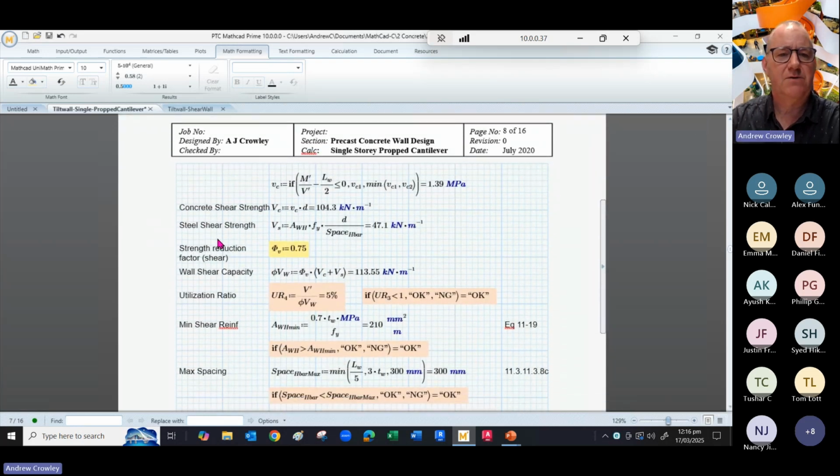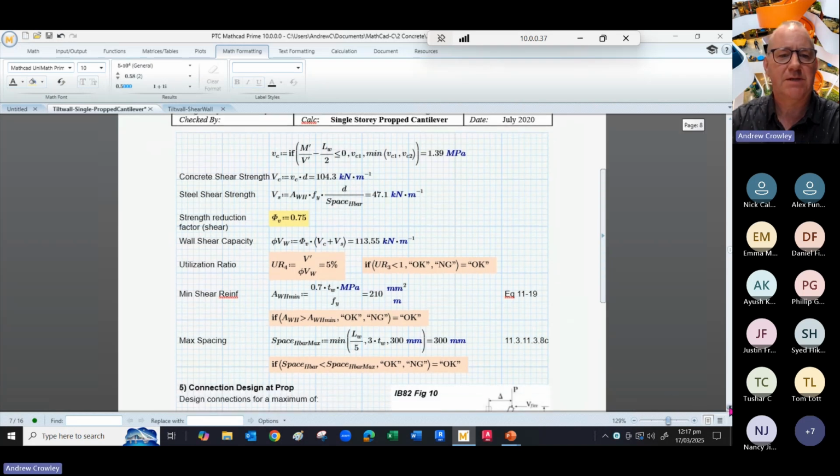From that, you can derive the concrete shear strength, which is 104 kilonewtons per meter. There's also steel that's potentially taking the shear. So we add those together and add a factor of safety. That gives us a total shear capacity of 113 kilonewtons per meter, which is more than sufficient for our applied shear load.